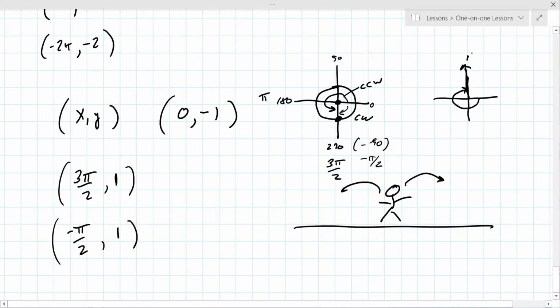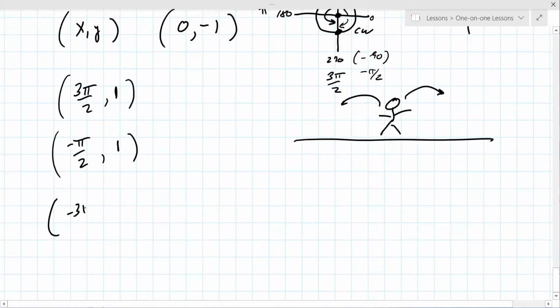You're facing north, and we need you to go south. We'll get to that one, and you'll start seeing all the relationships. But if you go negative 3 pi over 2, you now have to step backwards. And if you go just pi over 2, you have to step forwards, or step backwards.